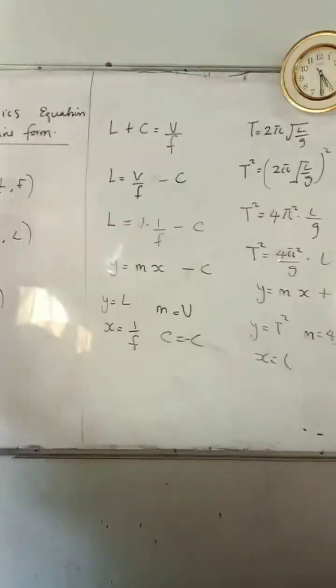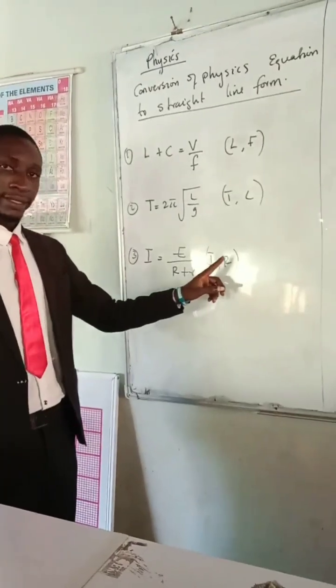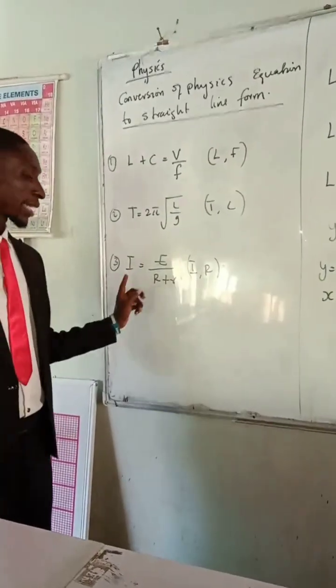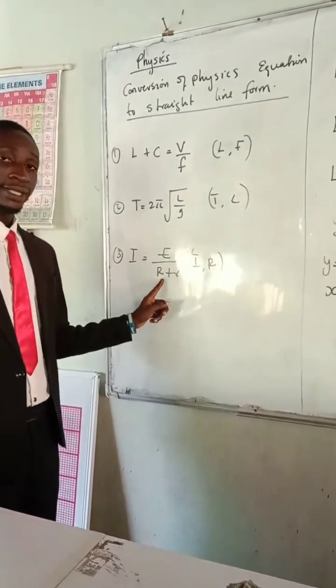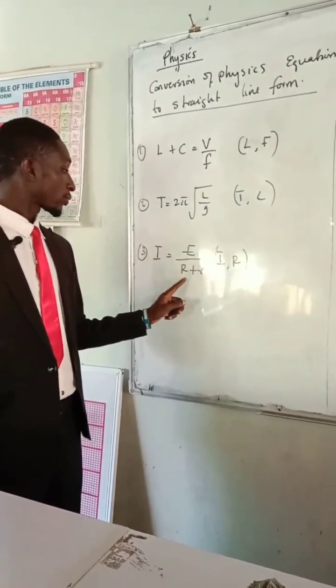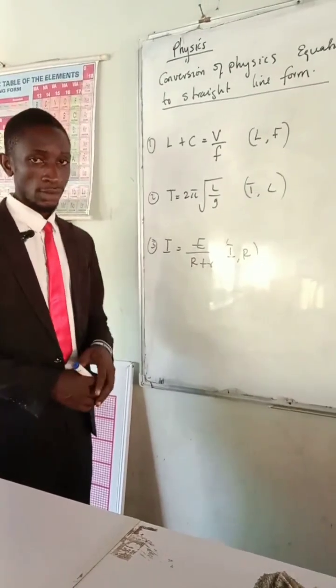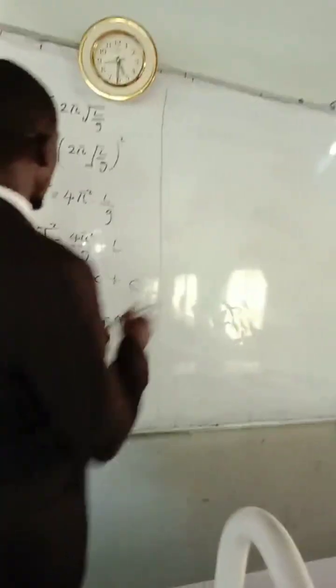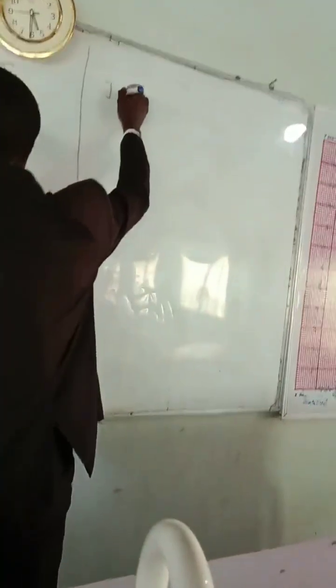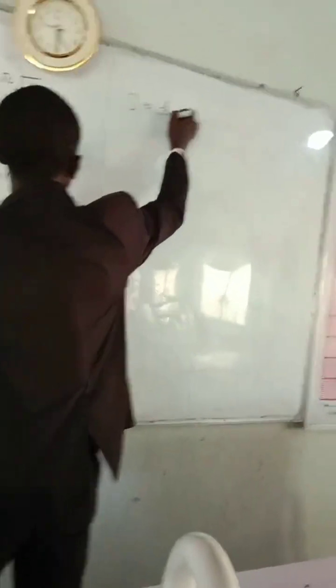And then finally, two variables of I and R. But we can't plot I against R because I here is a numerator while R here is a denominator. In order to do this, we have to take the inverse of this. So we have that I is equal to E over R plus r.